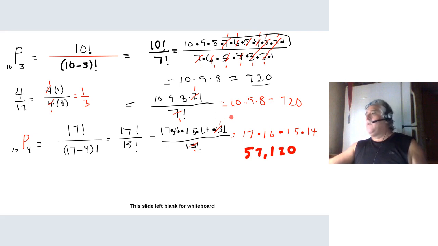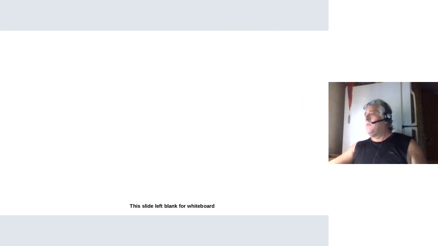All right. I'm going to start a new screen because this will take a little extra work to do by hand. So this is C 17 and 4.